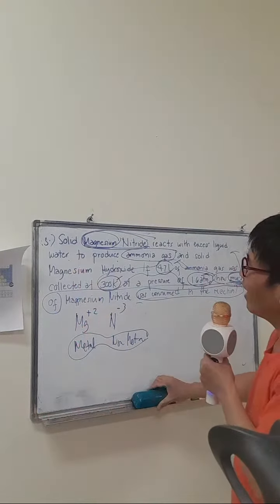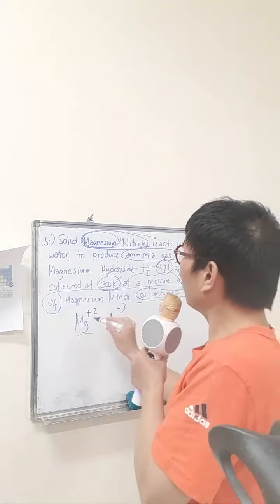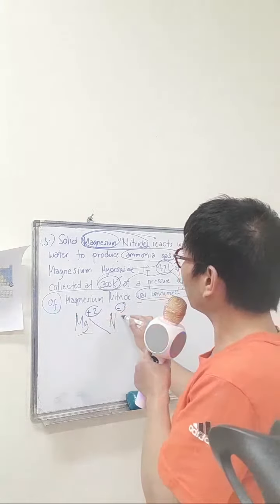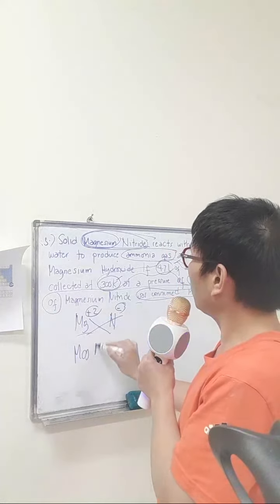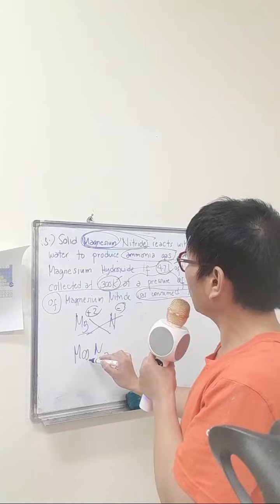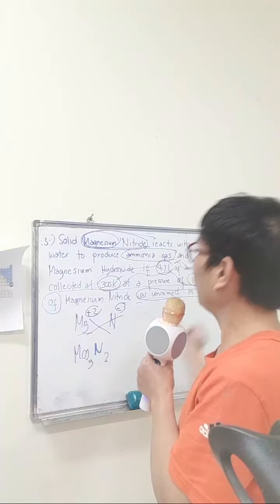Okay, now react this +2 and -3, so crisscross: Mg will get the 3 and N will get the 2, and this 3 will become 3 here. So Mg3N2.